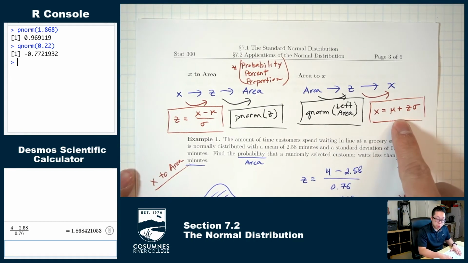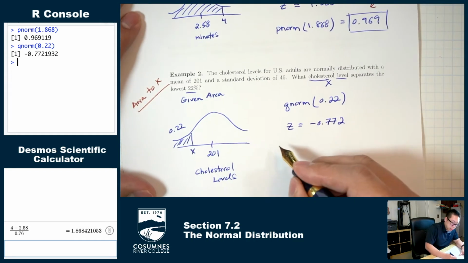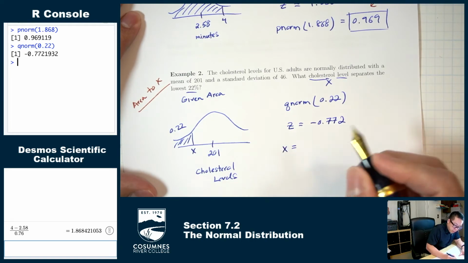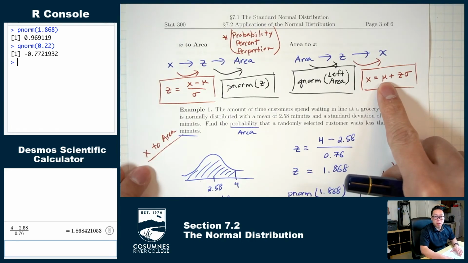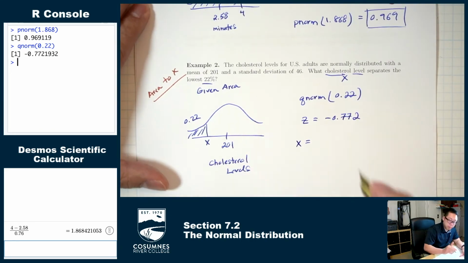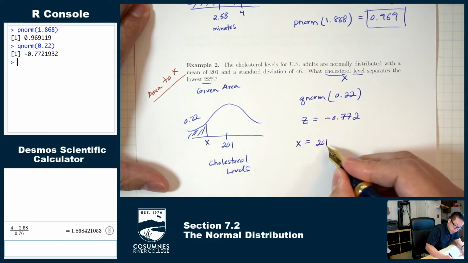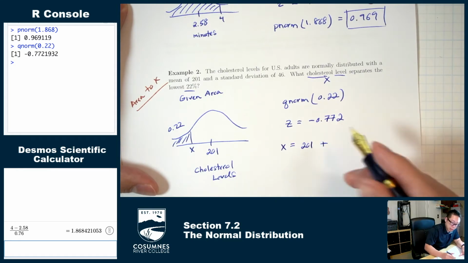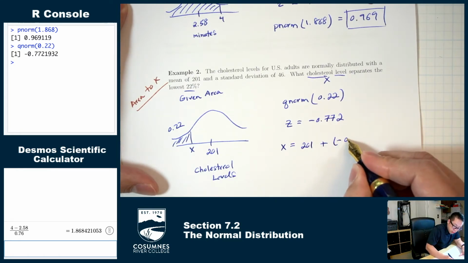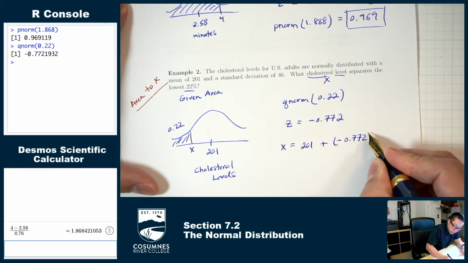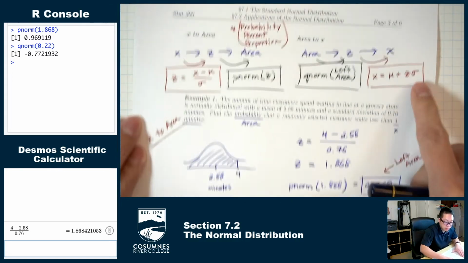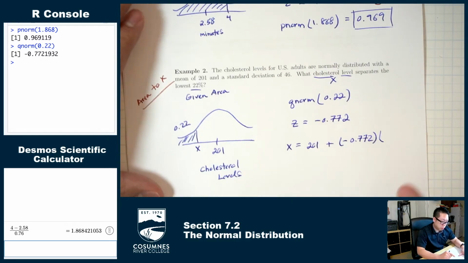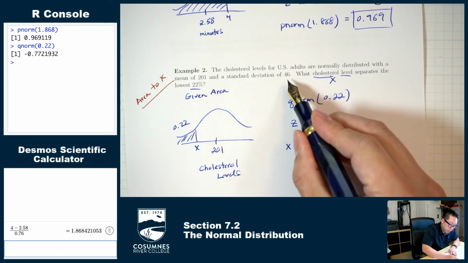Okay, and what I just did there was the qnorm part. Next step is to do this equation. So x equals the mean. Our mean here is 201 plus z, which is this negative 0.772, and then times the standard deviation, which was 46.